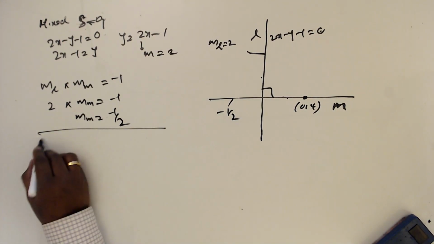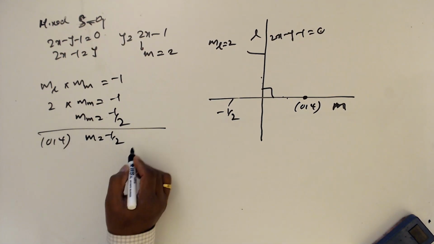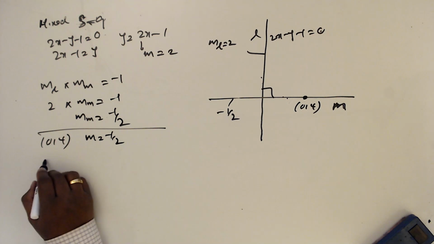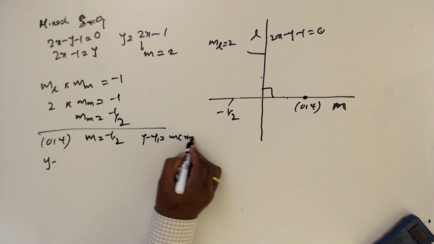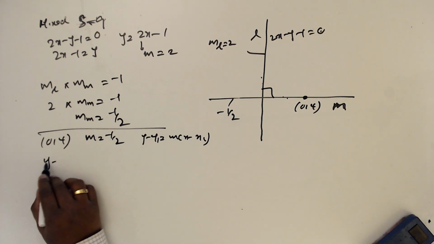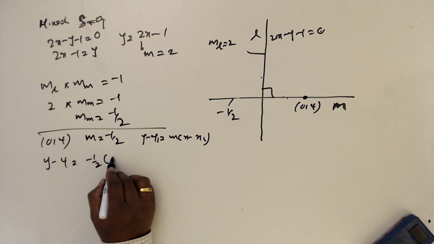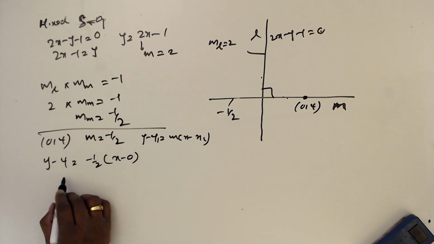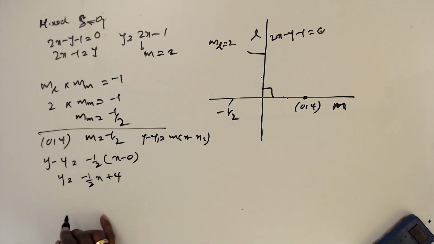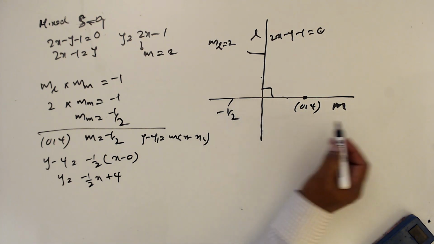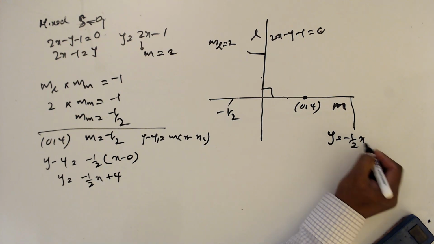Now we have a point and the gradient is minus half, so we can work out the equation. y minus y1 equals m times (x minus x1). So y minus 4 equals minus half times (x minus 0). So y equals minus half x plus 4. So the equation of this line is y equals minus half x plus 4.